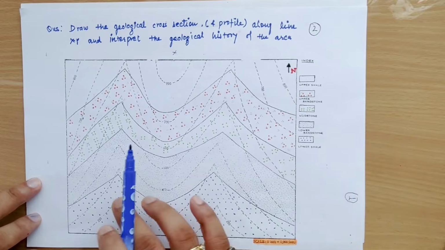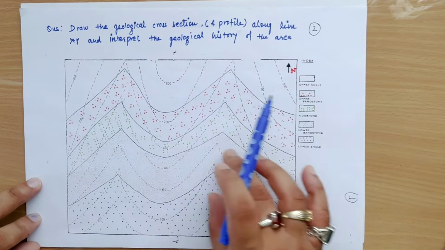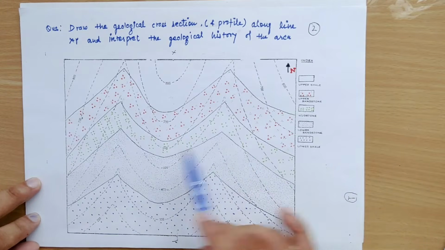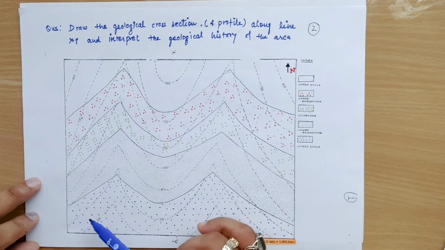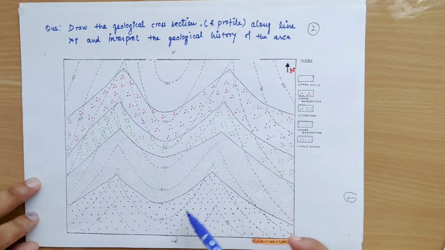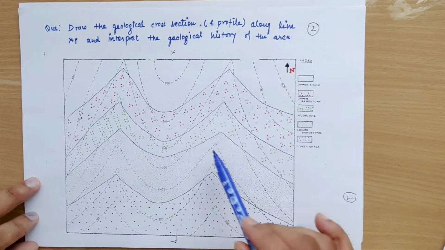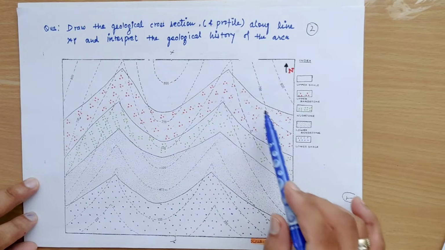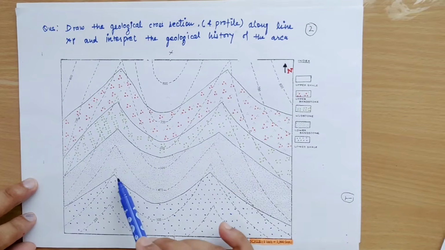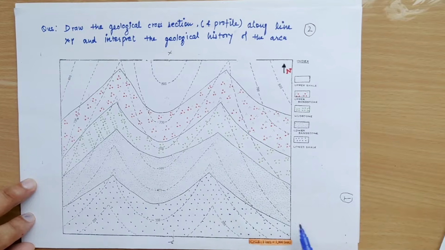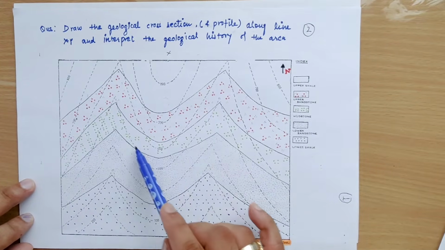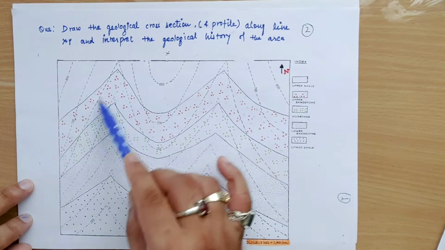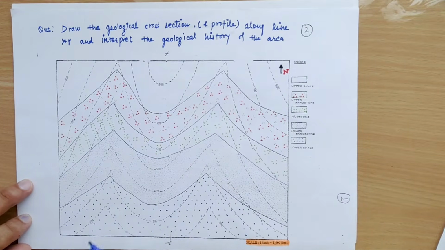It is characterized by different traces of the beds. Together with the beds, we have dissected lines which represent the contour lines in the area. The solid lines represent the traces of the beds. So 1, 2, 3 and 4 traces are present in this particular map.